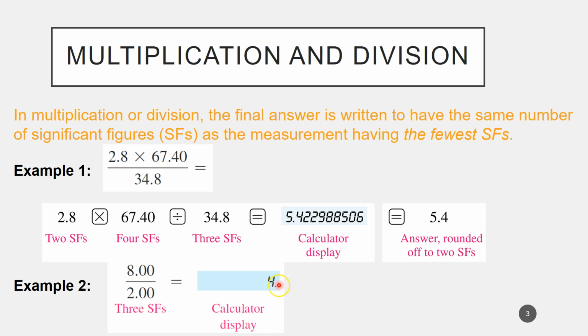So my answer should have 3 significant figures, not only 1. To add 3 significant figures, I have to add zeros after the decimal place, and I have to report 4.00. And now I have 3 significant figures.